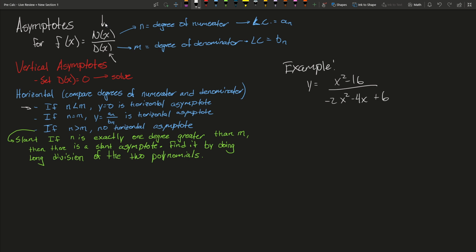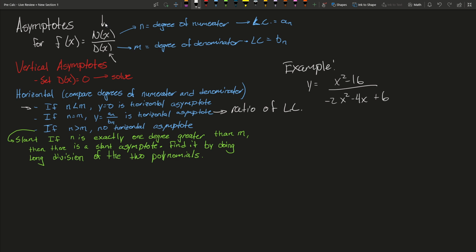That horizontal line, y equals 0, is the line we shouldn't cross, or at least most times. Okay. If the degrees are equal, you take the ratio of the leading coefficients.